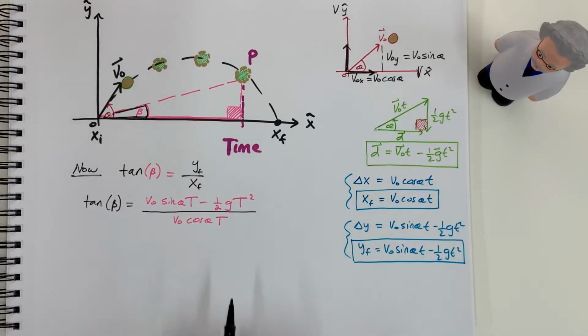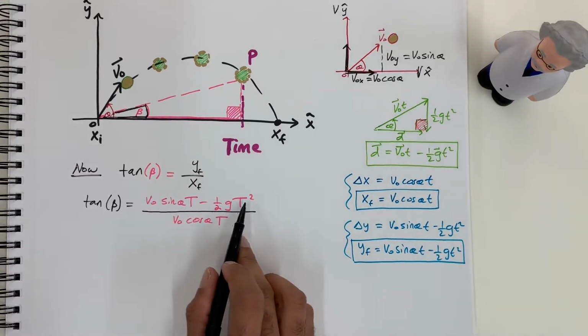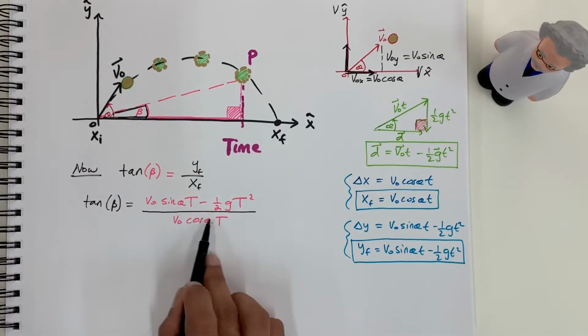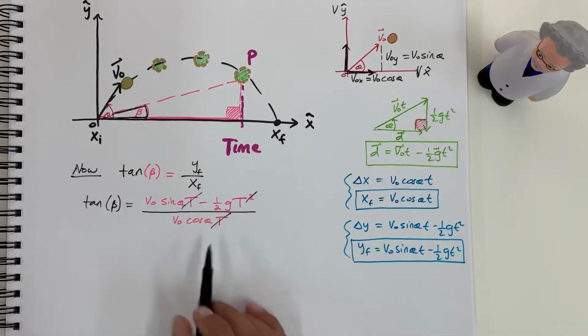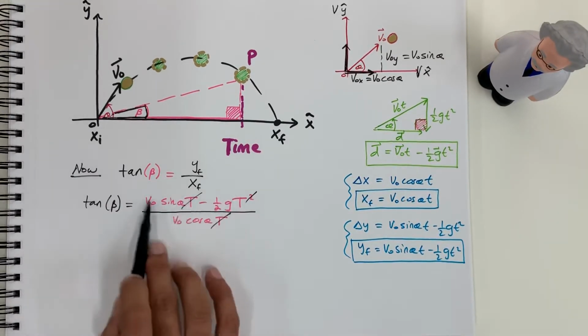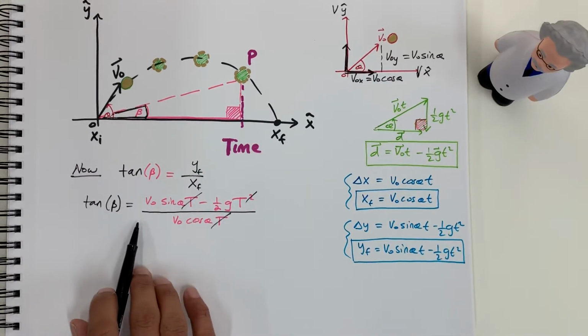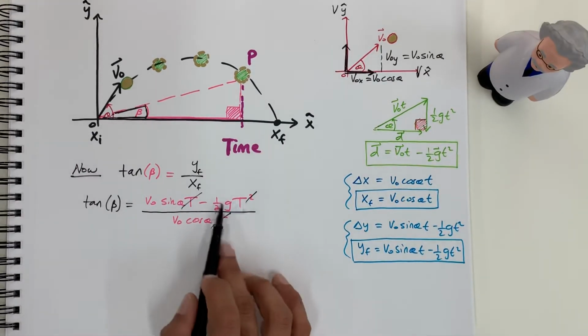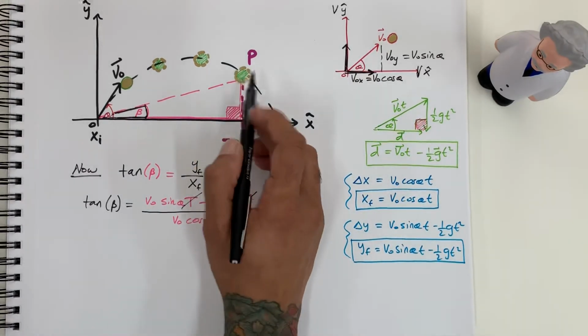All right, so let's pull out a time from this term, and this term. And so we'll see that we're able to cancel one of them out, right? If we take out a t from here, a t from here, and a t from here, we'll have a t on top and one on the bottom. And so we'll cancel those out. We're only left with time here. So let's solve for that time, because that's what we want to know.